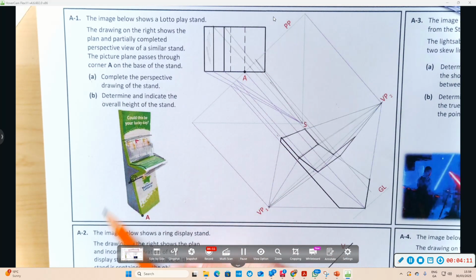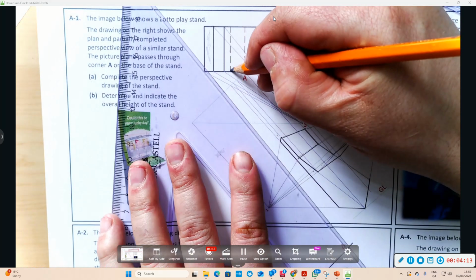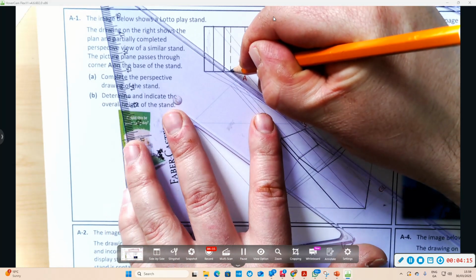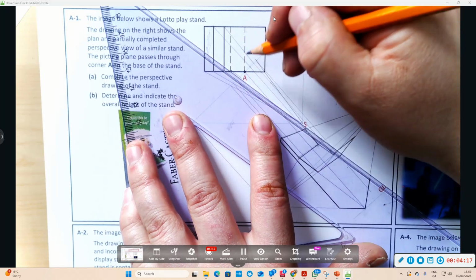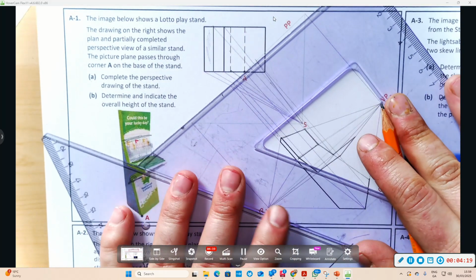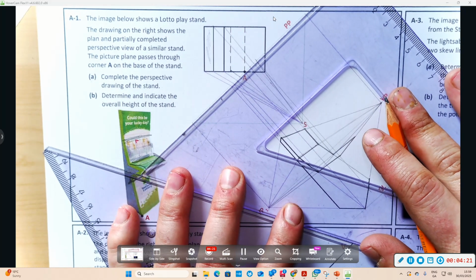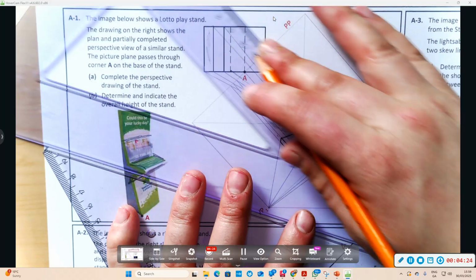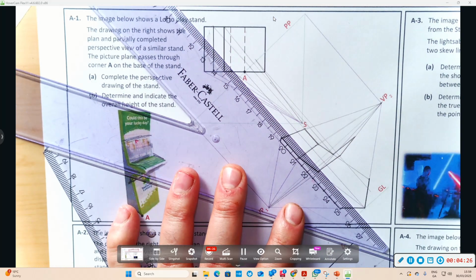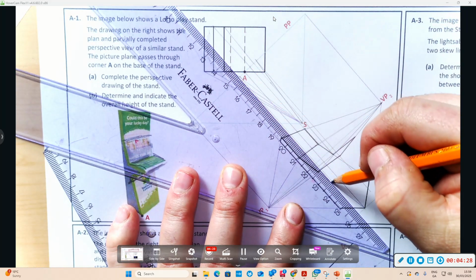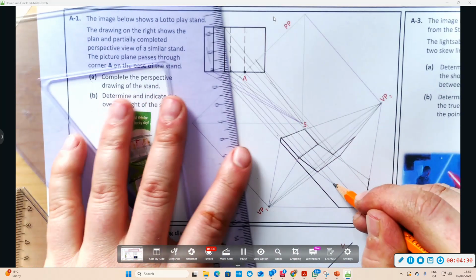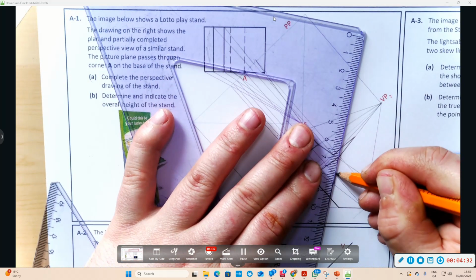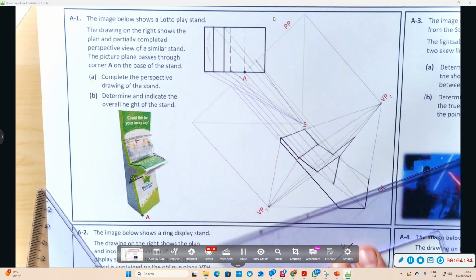Remember, the diagram is the greatest help you have in the exam. So I'm going to take this, join to S, where it hits the picture plane. I'm going down perpendicular to the picture plane until I hit this line here. Now, I'm going to join them together.